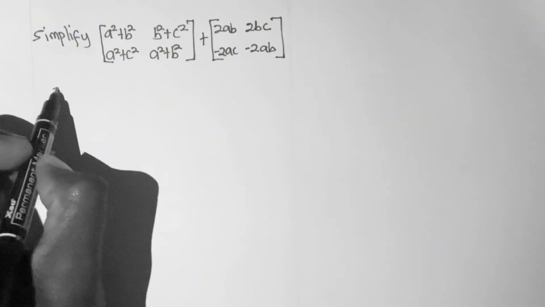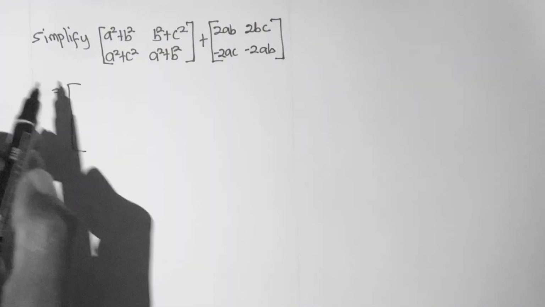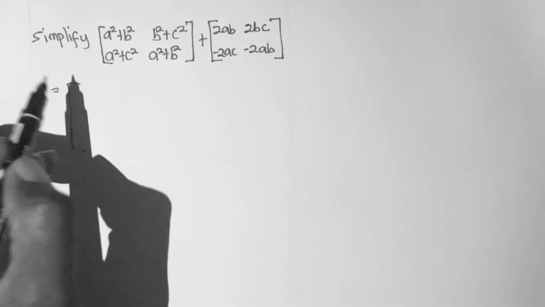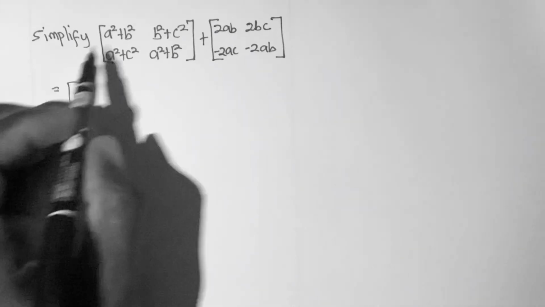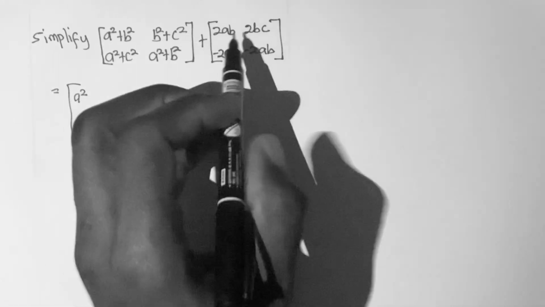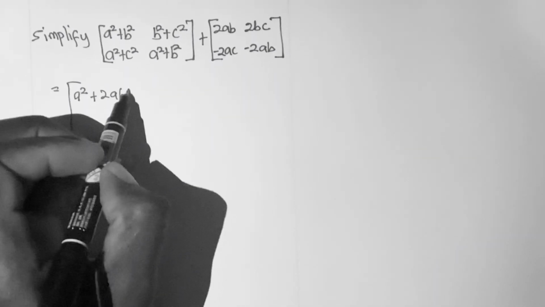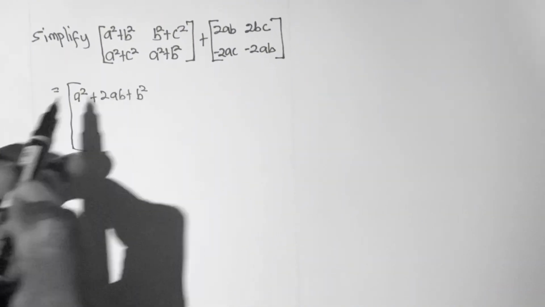So now this is equal to, let's put a big bracket here. If we are adding them, we need to add the corresponding entries. So here becomes A squared, then plus B squared. But before we write the B squared, I want to put 2AB. So A squared plus 2AB, then plus B squared.